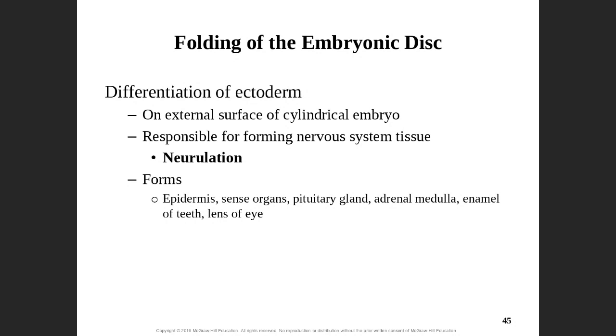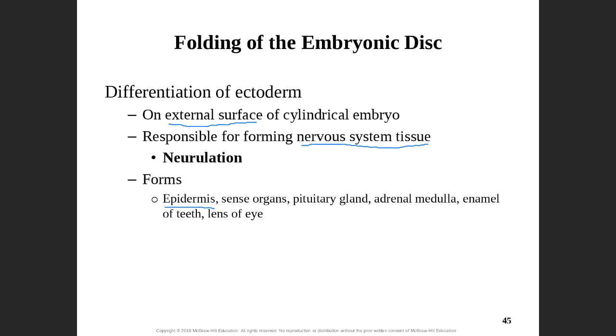So speaking of our germ layers, I'd like to talk to you about the outer layer, the ectoderm. That is going to be the external surface of our folding embryo here. For the most part, the ectoderm is going to be responsible for the creation of our nervous tissue. We call the differentiation of the ectoderm in regards to the nervous system neurulation. Also, because it is on the external surface, we're going to derive our epidermis from the ectoderm.